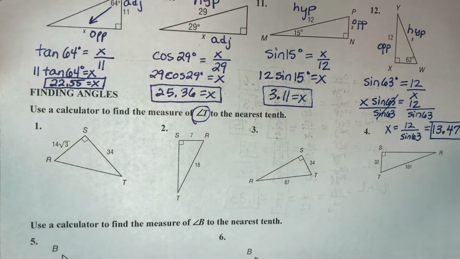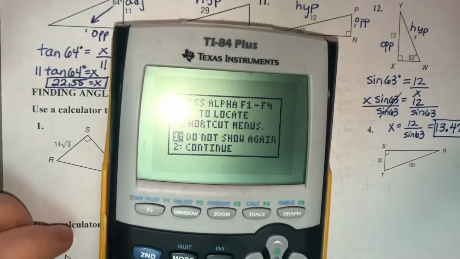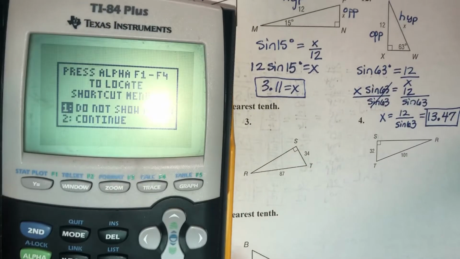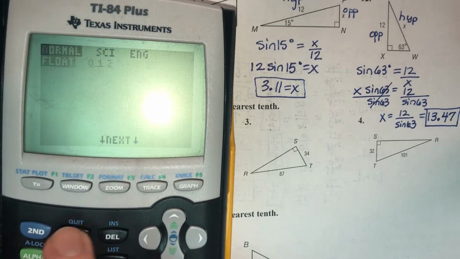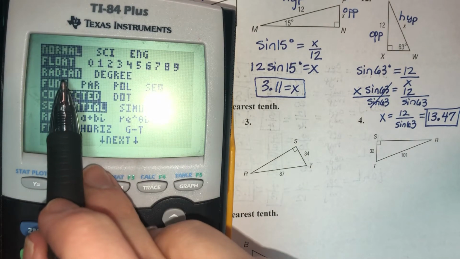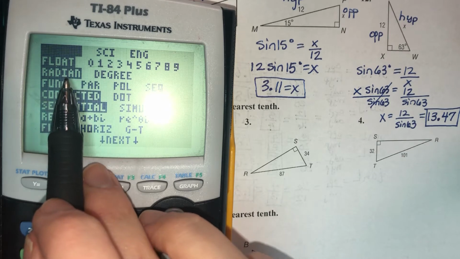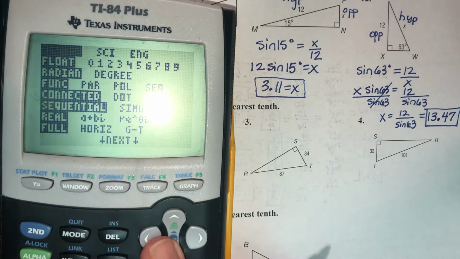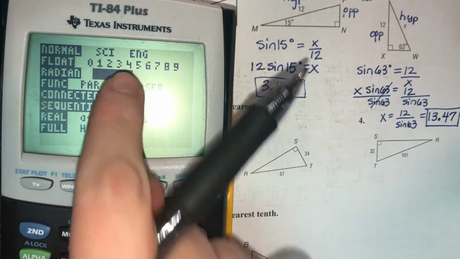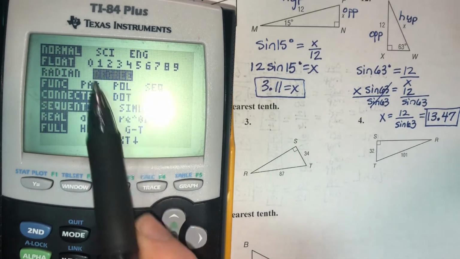So I want to remind you, very important, before we start, you have to put your calculator into degree mode. So I'm going to hit the mode button in my calculator, which is just next to the second button. And I'm going to go down to the third row. It says radian, radian's highlighted, and I'm going to move my cursor over to the word degree and press enter so that that's highlighted.